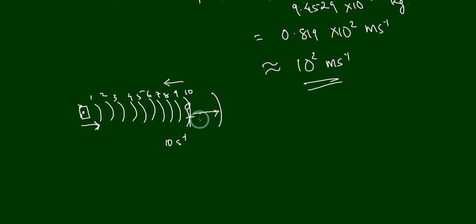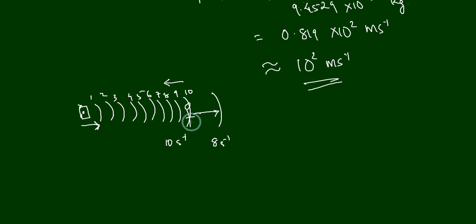If you are moving away, the 10 waves cannot reach your ear in 1 second, because the waves again have to travel some more distance. So maybe only 8 waves per second will reach your ear. If you are moving away from the source, fewer waves will reach your ear in 1 second, so you will hear a lower frequency.